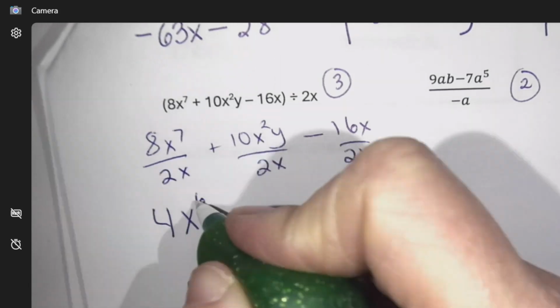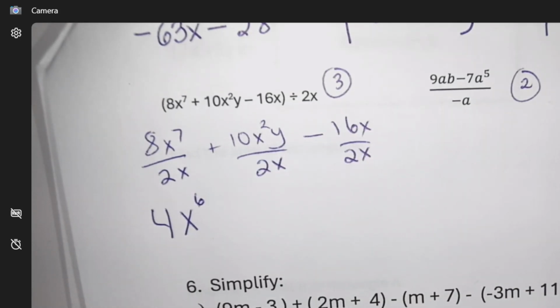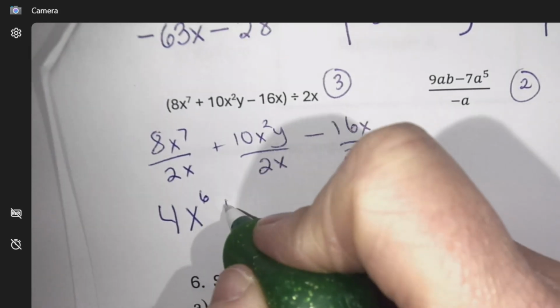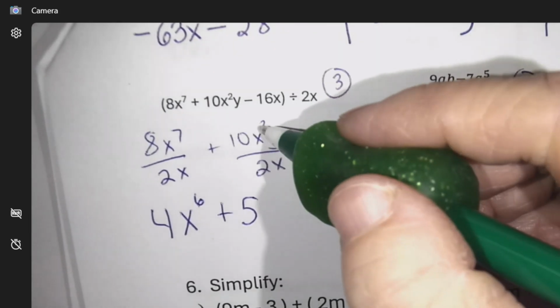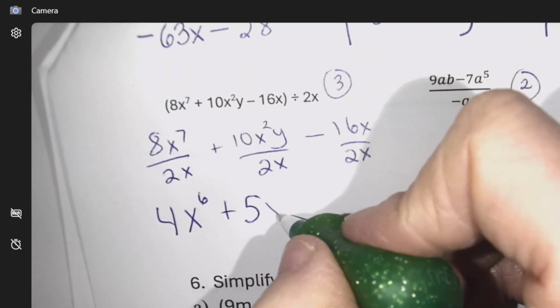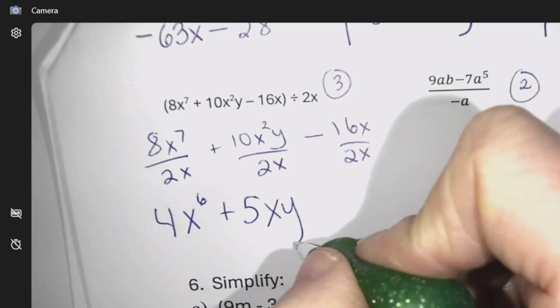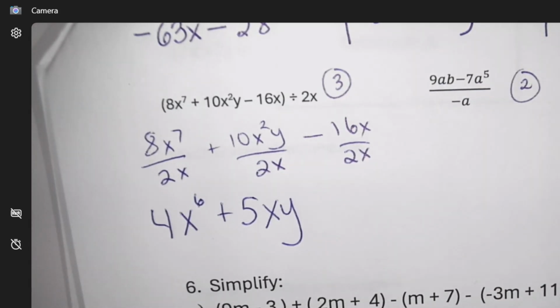X 6. If I subtract, here I get a 5 as a coefficient. X squared divided by x. And there's still a y on that one as well, right?